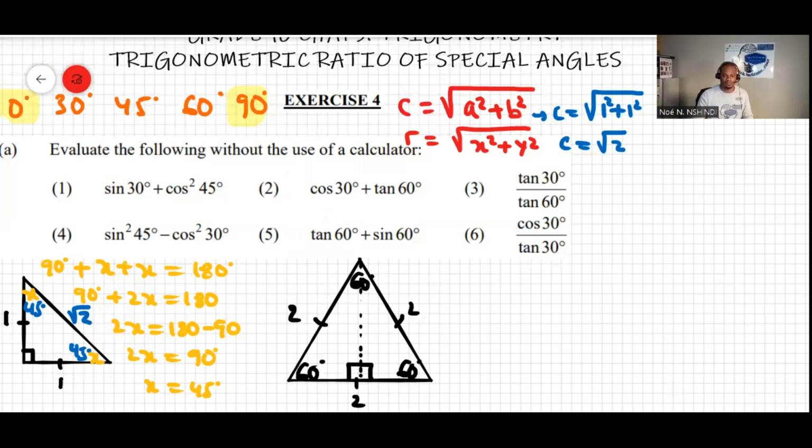It breaks our equilateral triangle into two identical triangles. Obviously, the angles here will be 30 degrees and 30 degrees, because they amount to 60 degrees. I can redraw the triangle over here.